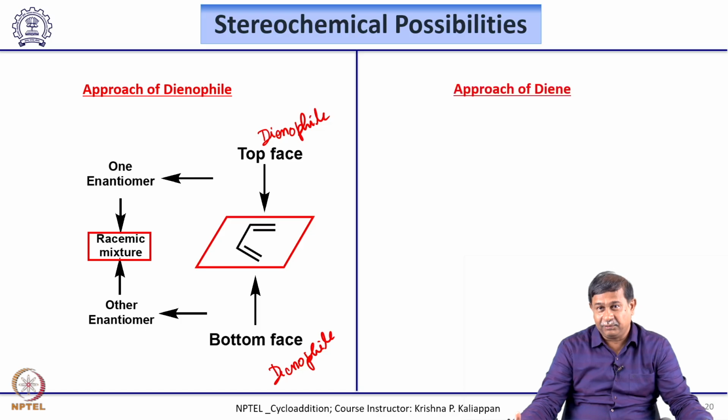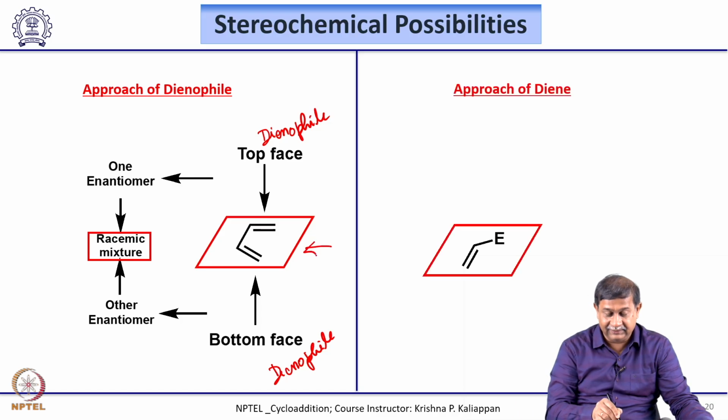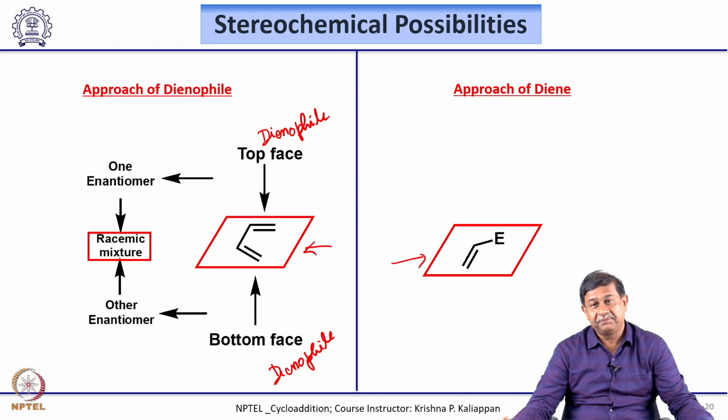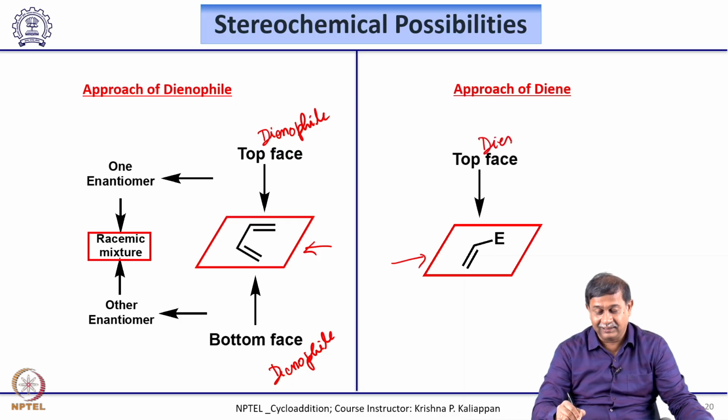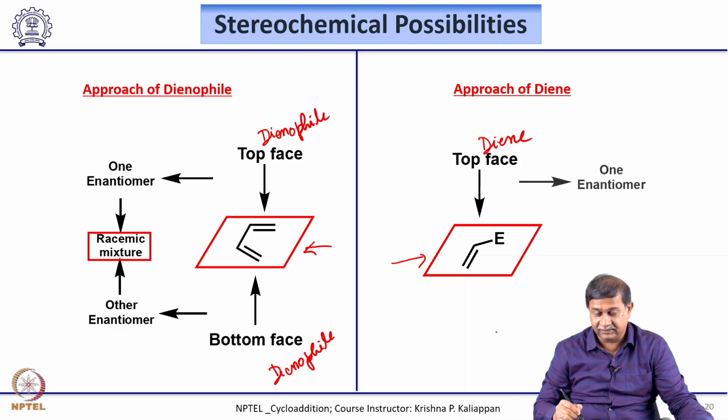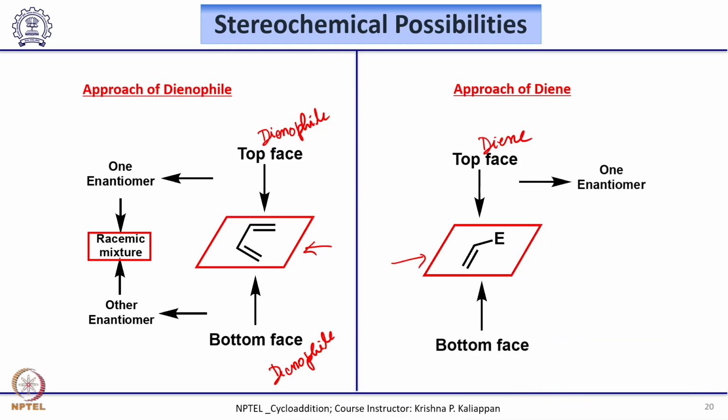The other approach, as I said, is that instead of keeping the diene in the plane, one can also keep the dienophile in the plane. Both are possible. If you keep the dienophile in the plane, the diene can approach the dienophile from the top face or from the bottom face.